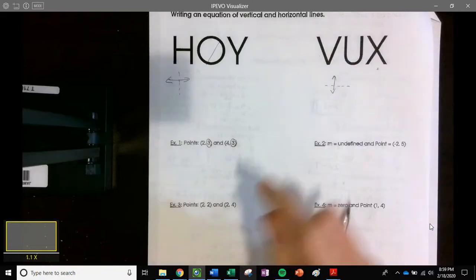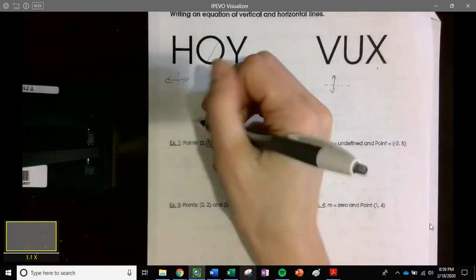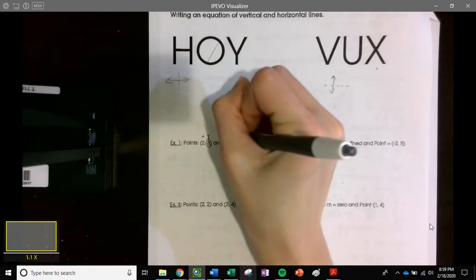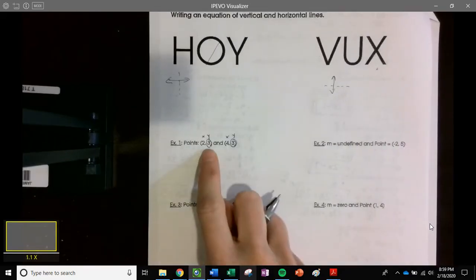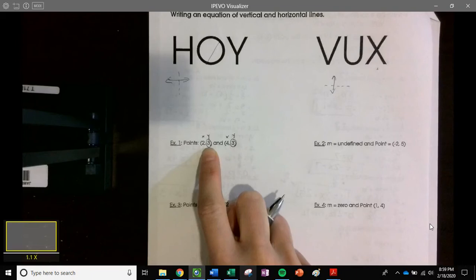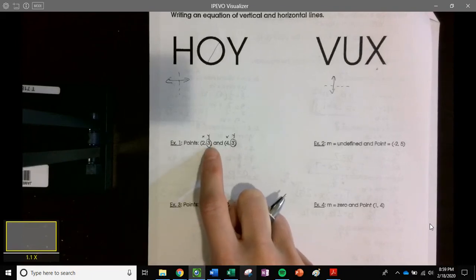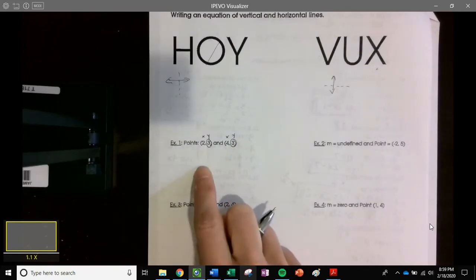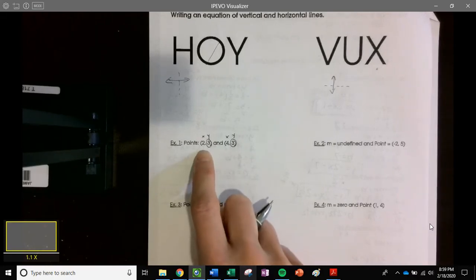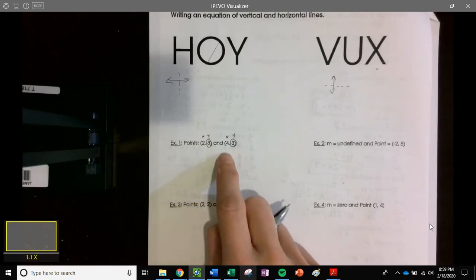So if you're given 2 points, this is the best, because you can see the 3 and the 3 match. If this is x, and this is y, and this is x, and this is y, I don't even have to do any math. I know that this line is passing through the y-axis at the point of 3, because if we put both of these points on the graph, we would go over to the right and up 3, and we would go over 4 to the right and up 3.